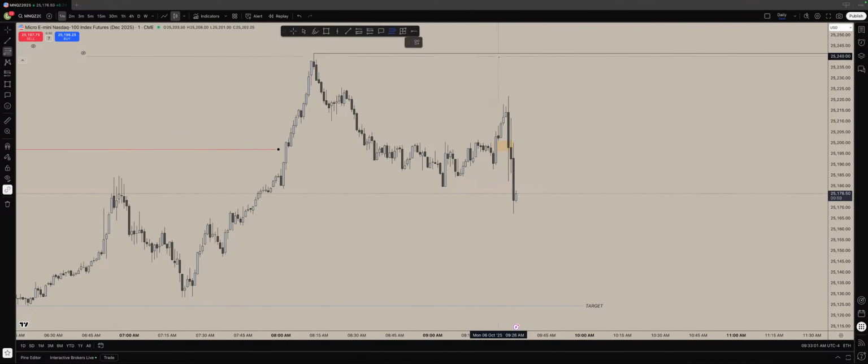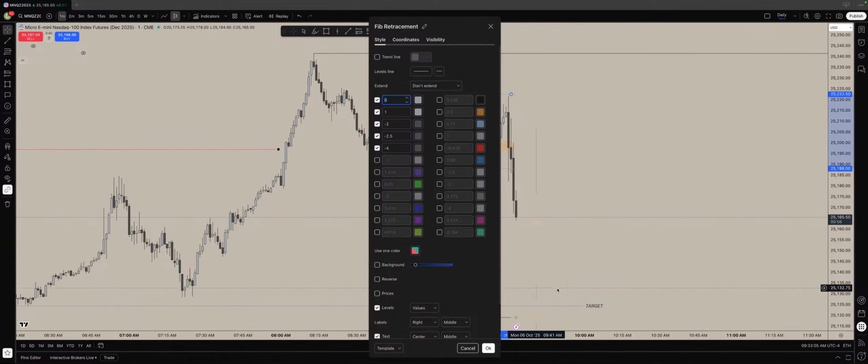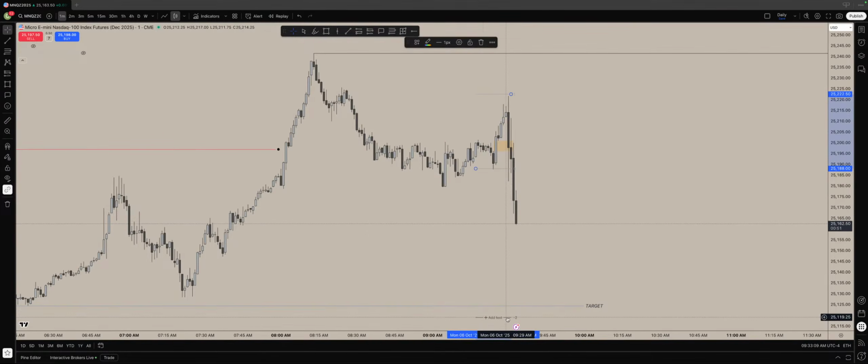I mean, this is pretty clear to me that this is the manipulation leg. So I think it's pretty clear where we're going.